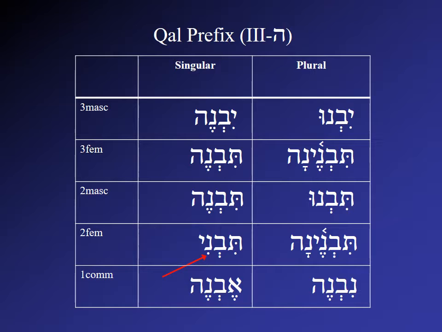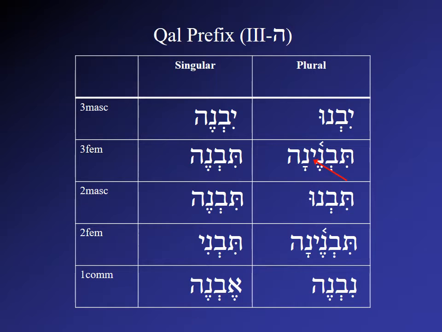Notice the second feminine singular, tivni, has lost its he altogether, as has the third masculine plural, yivnu, and the second masculine plural, tivnu. So what's happening here is that the prefix complements that are vowels, so the i, the u, in this case they just replace the he. This is also what happened in the affix form, banu. So tivni, yivnu, tivnu.